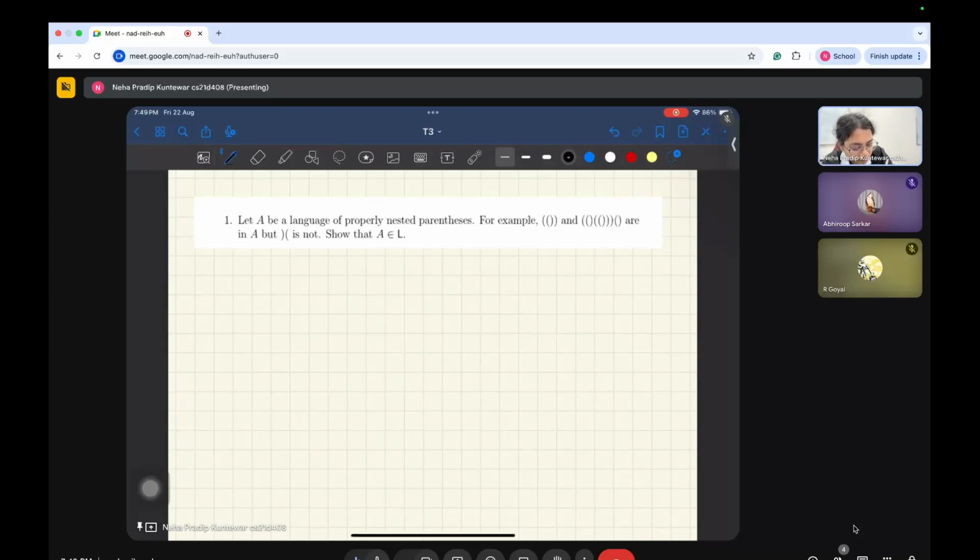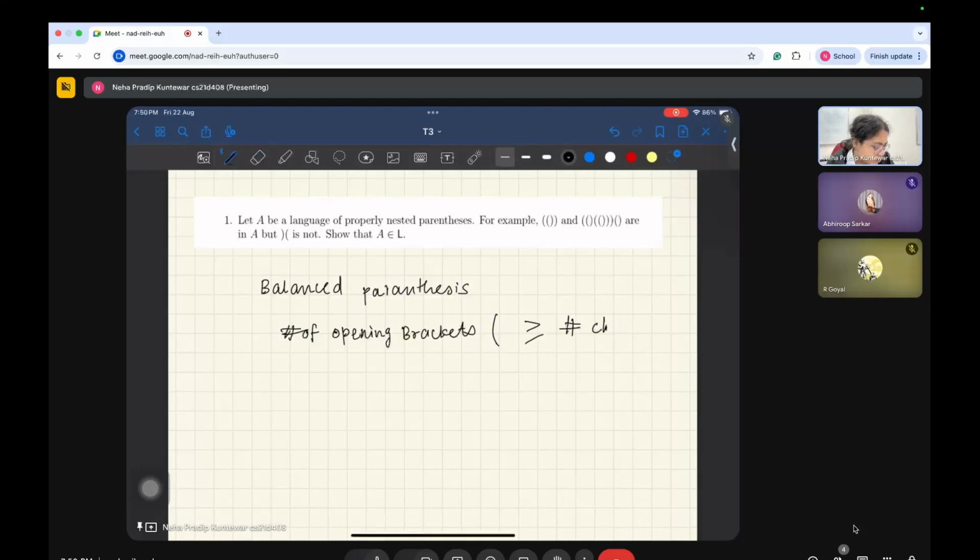So whenever a parenthesis is balanced, the number of opening brackets is greater than or equal to the number of closed brackets at any point of time.